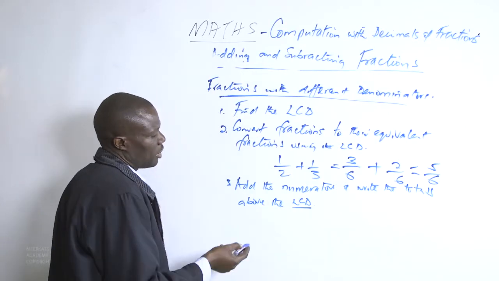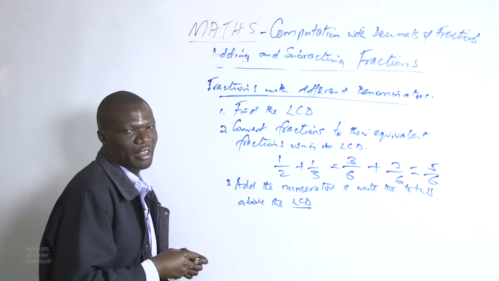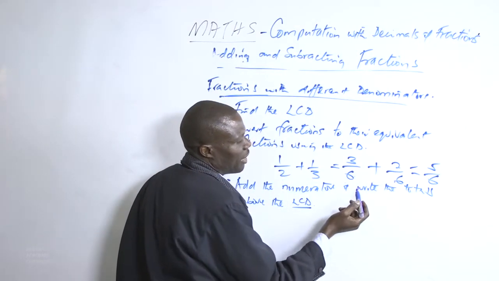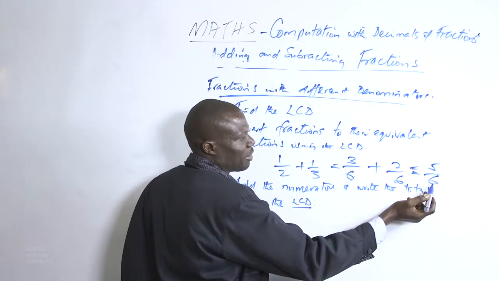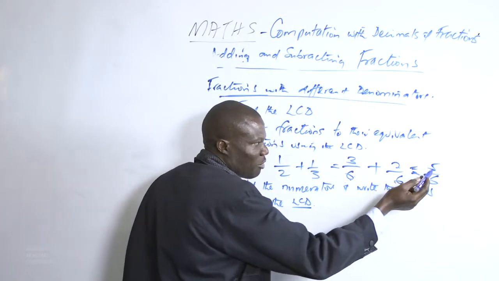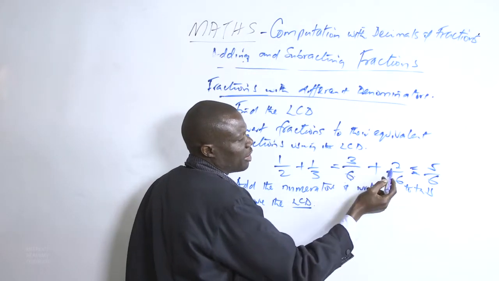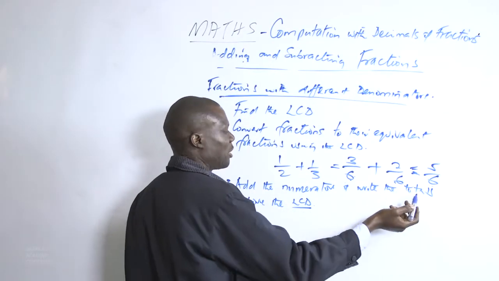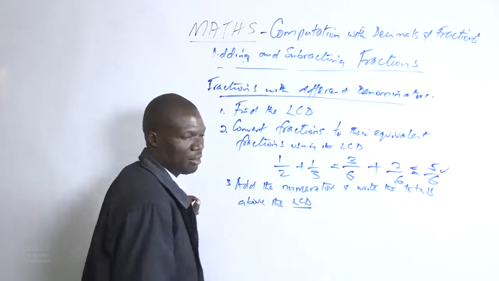When we got the equivalent fractions and the LCD as 6, the LCD comes down with the vinculum line there. What comes above is the sum of the numerators of the equivalent fractions, that is 3 plus 2. So we are saying add the numerators and write the total above the LCD. That is what we have there.